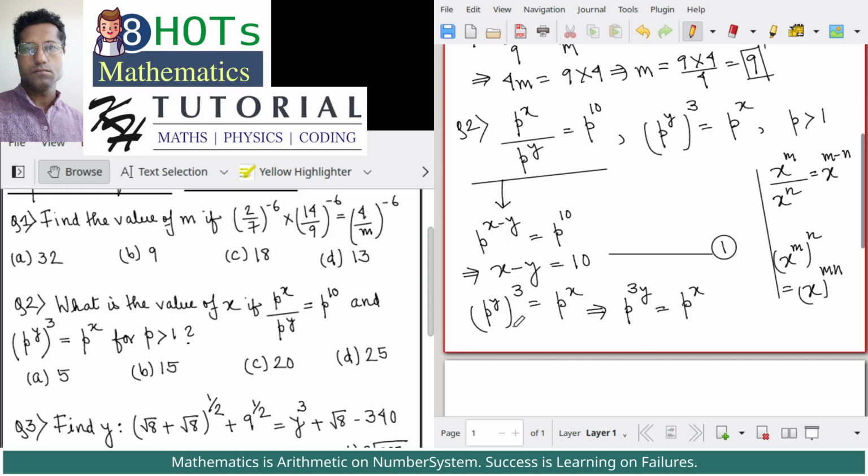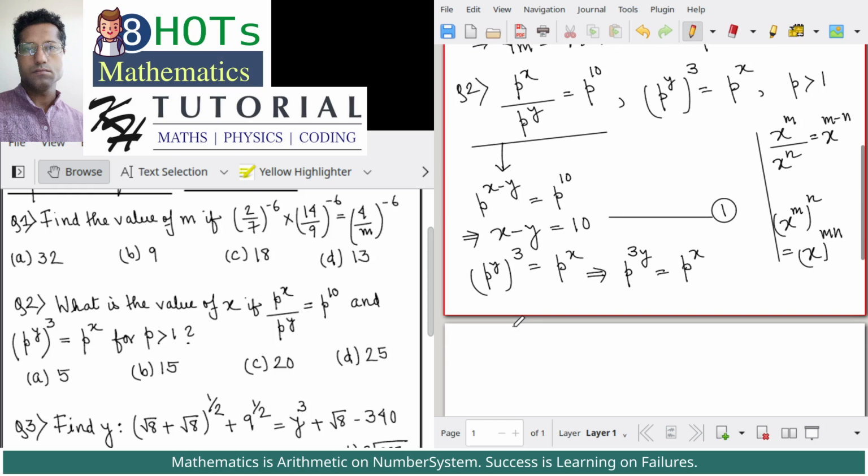Okay. So now we see that p to the power 3y is equal to p to the power x. The base on both sides is equal, that is p. So I can equate the powers. So I have 3y is equal to x. Let this be equation 2.